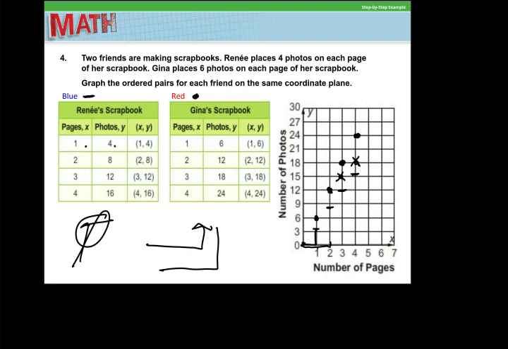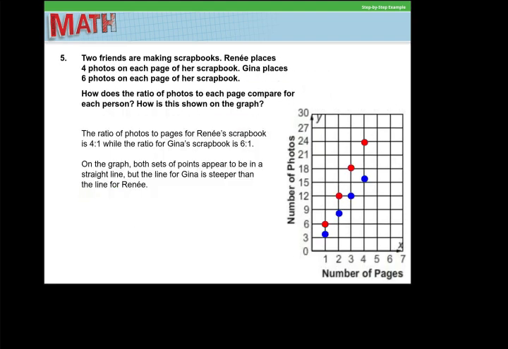If we connect the dots, which I will do on the next page, we will see the different slopes they have. If I start at 0, 0 and travel through my red dots, that is Gina's, and then I have my blue dots, which is Renee. As you can see, Gina's is a lot steeper than Renee's because she has a bigger number.